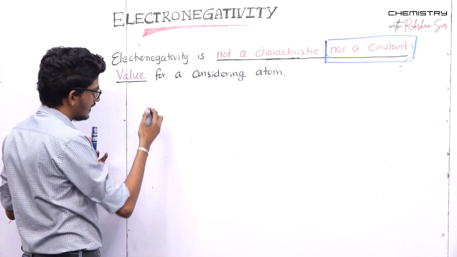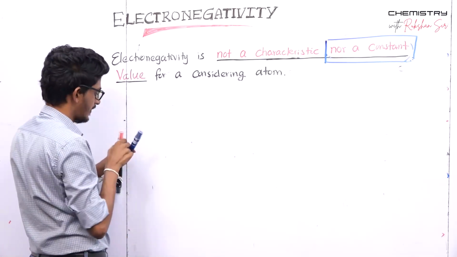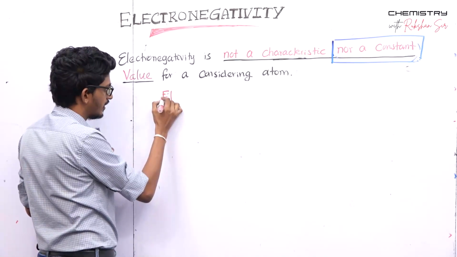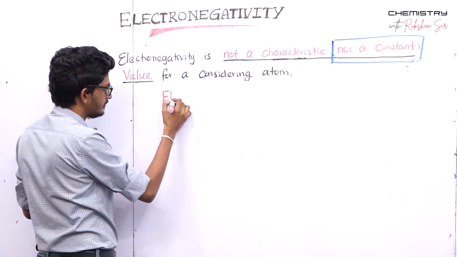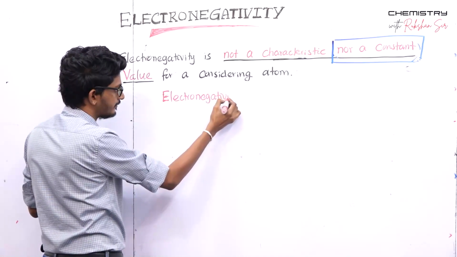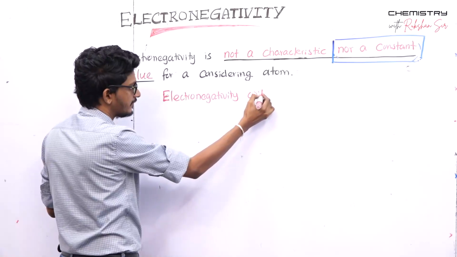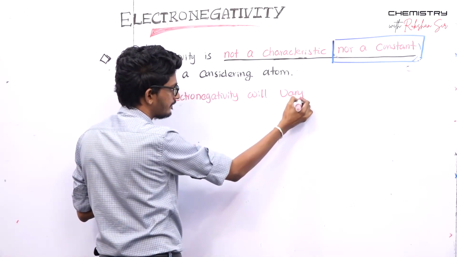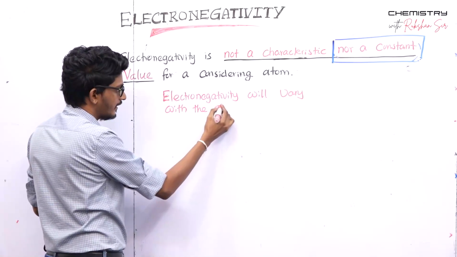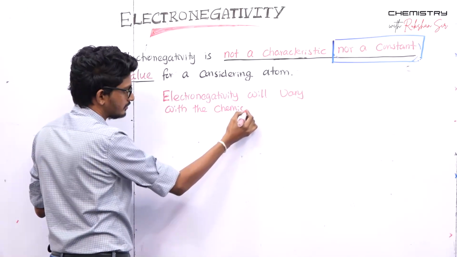So you can say electronegativity will vary with the chemical environment of the atom.